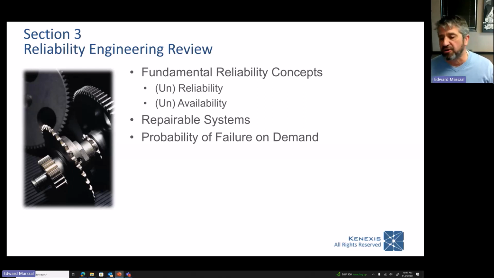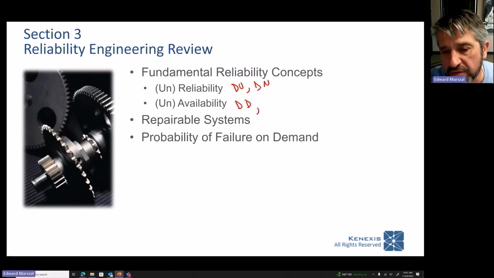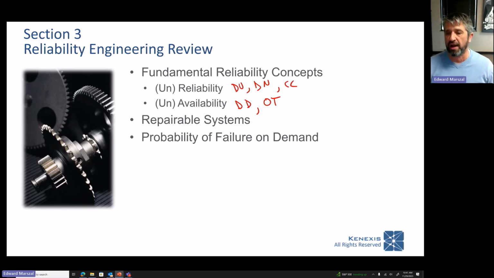Both of these terms are used in the SIL verification equations. The unreliability is used for DU, it's used for DN. Unavailability is going to be used for DD and the online testing term, and actually the common cause term is also an unreliability.